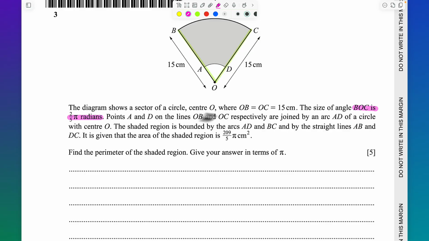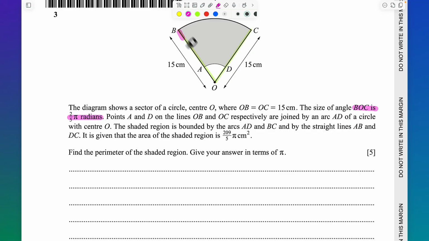Points A and D on the lines OB and OC respectively are joined by arc AD, which we saw. But we don't actually have the radius of that arc, which is going to be a problem, so I'm assuming that's one of the things we're going to need to calculate. It's an arc of a circle with center O, so these two arcs have the same center. The shaded region is bounded by arcs AD, BC, and the straight lines AB and DC, which we can see.